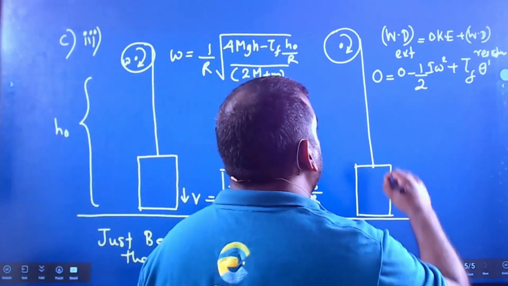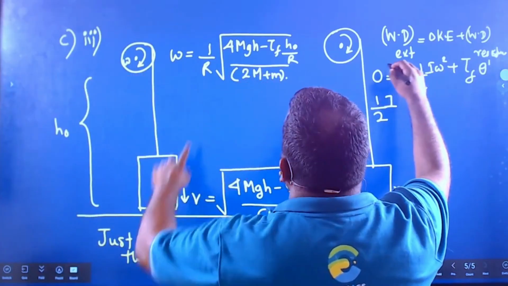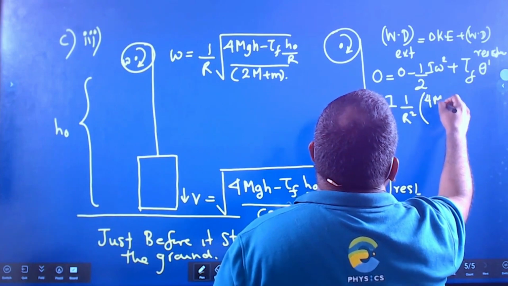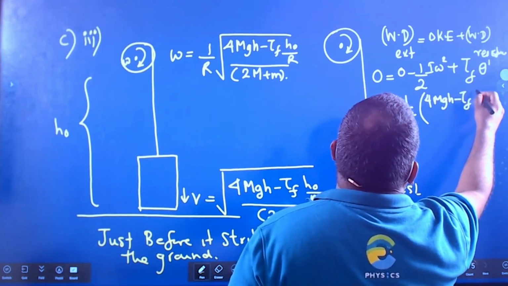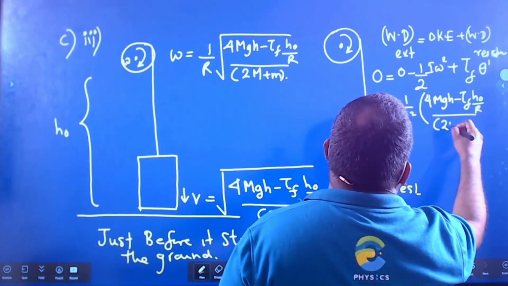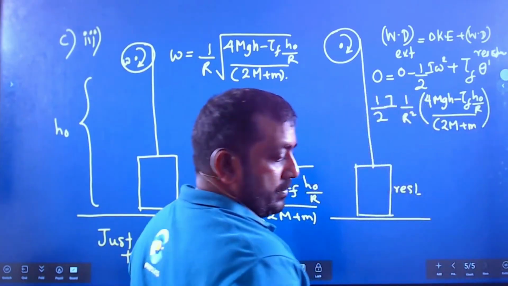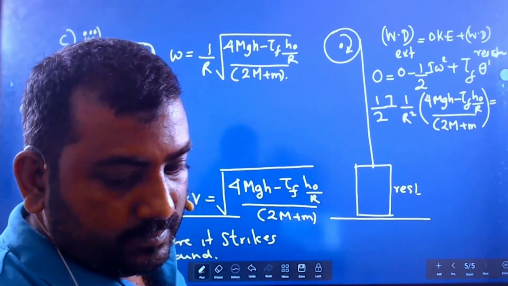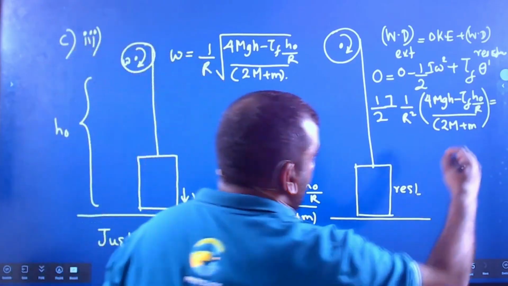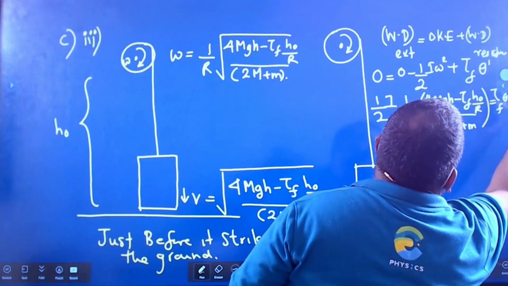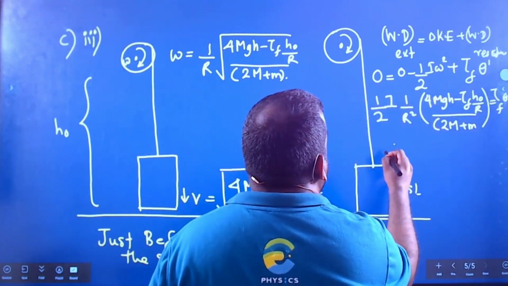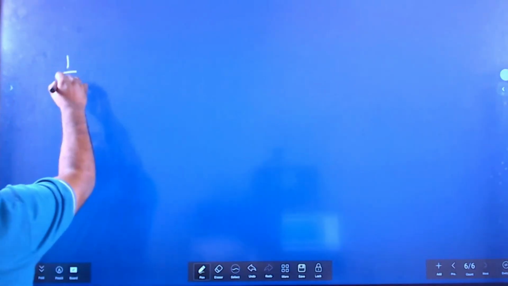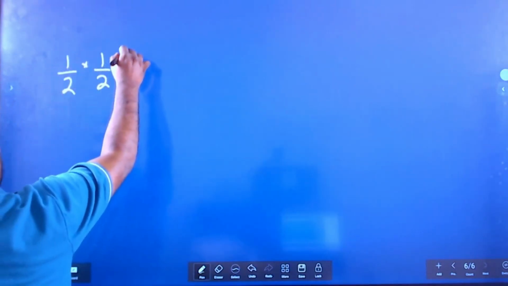Now simplify this. Half I initial omega squared is 1 over r squared times 4 (mgh minus frictional torque h0 over r) divided by (2 capital M plus simple m), equals frictional torque times theta dash. The moment of inertia is half simple M r squared.